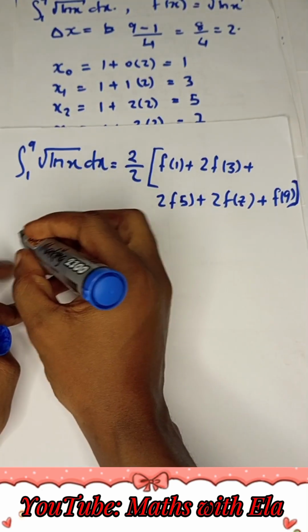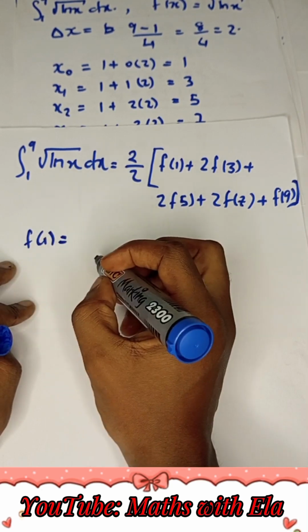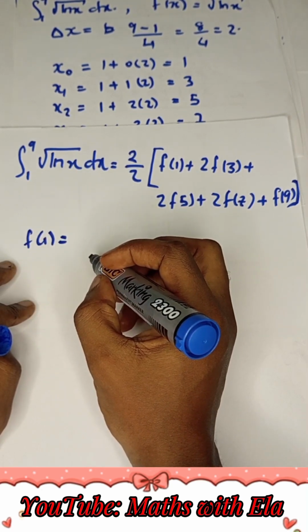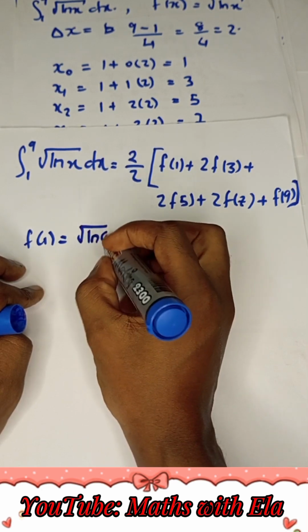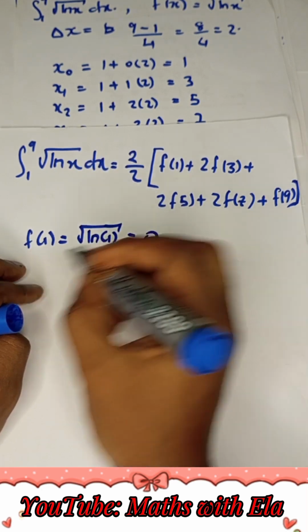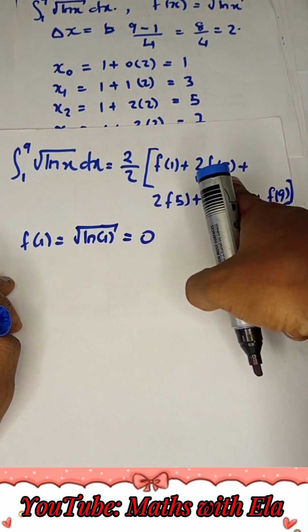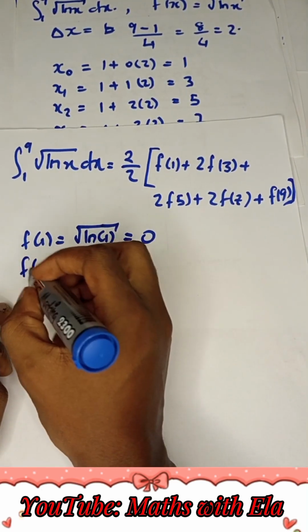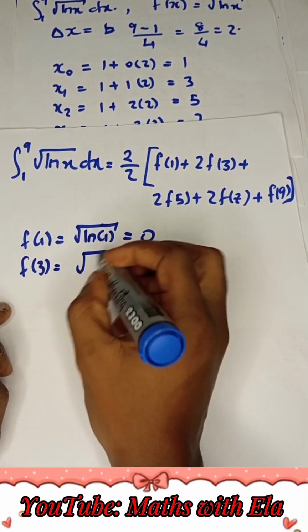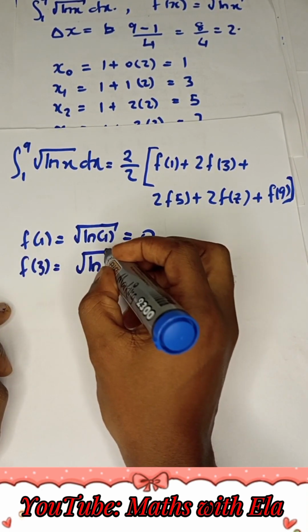So here we need f of 1. F of 1, our f of x, square root of ln x. So this will be the square root of ln 1. That will give us 0. The next term, 2f of 3, or just f of 3. F of 3 would be the square root of ln 3.